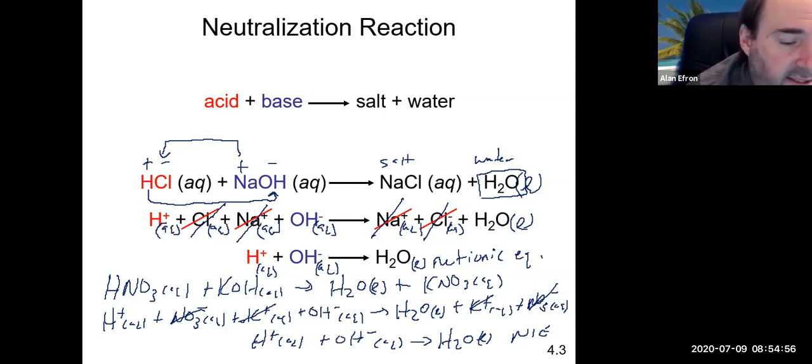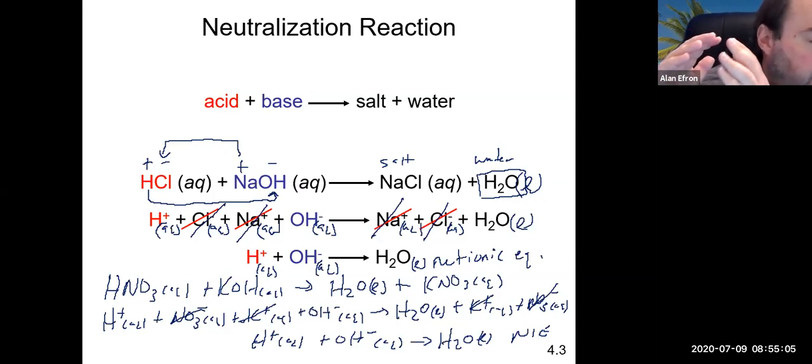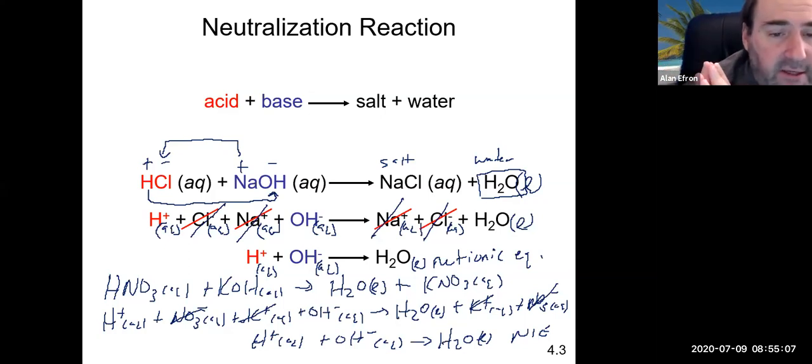So this is an acid-base reaction or an acid-base neutralization reaction. This can also be classified under the big umbrella of double displacement reactions. As you can start to see, there are many ways you can classify reactions depending on what you're looking at.